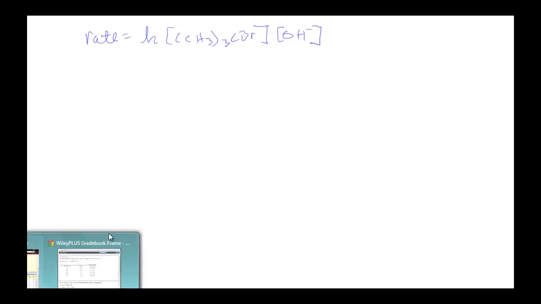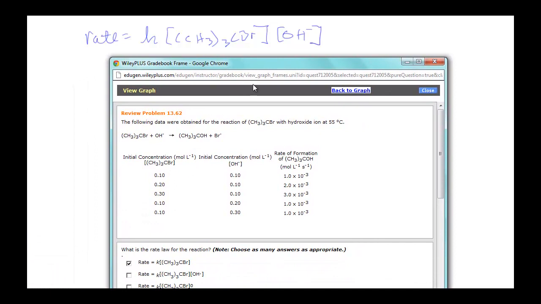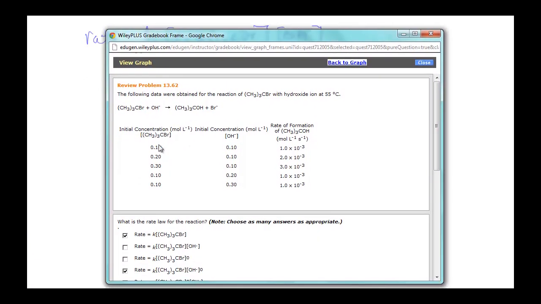So rate equals k times the concentration of (CH3)3CBr times the concentration of OH minus. Okay, we don't know what the exponents are yet, but we can figure this out just by visually looking at the data.